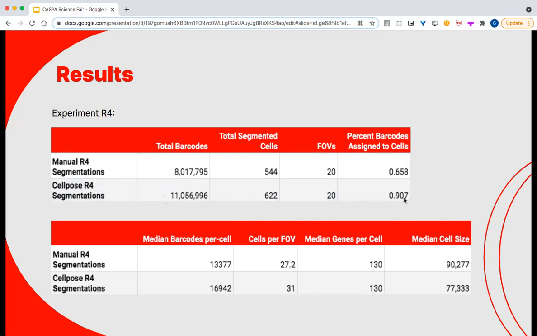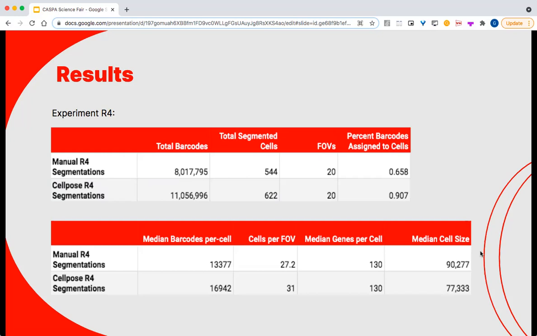However, with experiment 4, there is an outlier with the median cell size. In manual segmentation, it actually produced a cell size that was greater than CellPost segmentation. This is probably because of a discrepancy between the way that a human eye and the algorithm draw the cell boundaries.